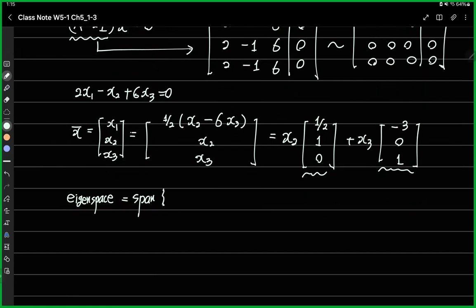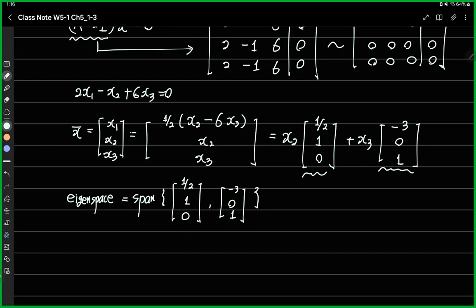Of this one, this 1/2, and then 1 and 0, and then -3 and 0, like this.